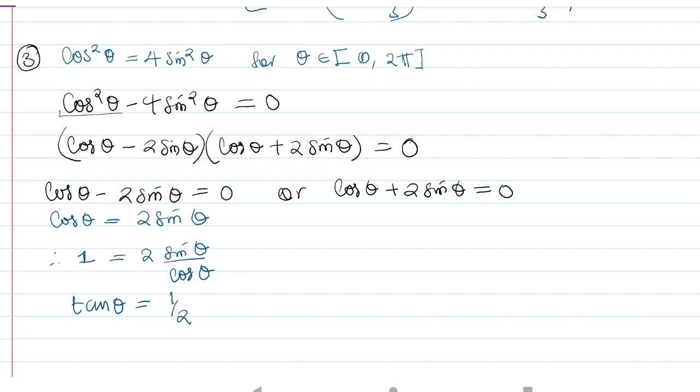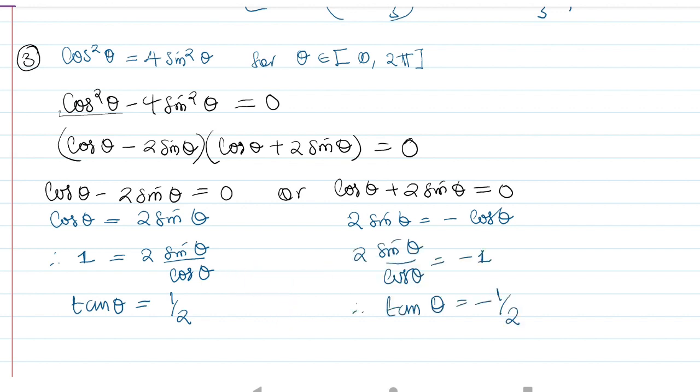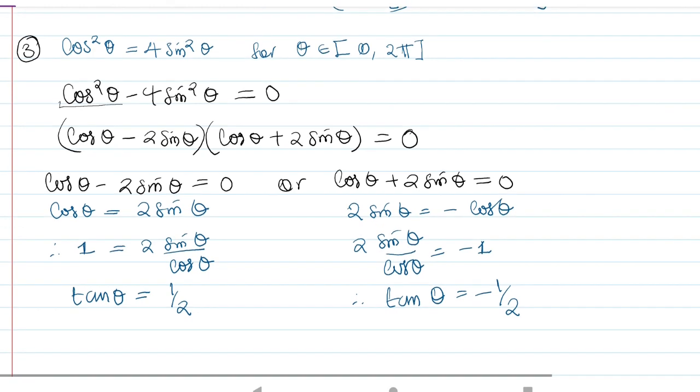Okay, in a similar way, 2 sine theta is negative, and again we can divide throughout by cos theta. So our equation, cos squared theta equal to 4 sine squared theta, reduces to tan theta equal to 1 over 2 and tan theta equal to 1 over negative 2.